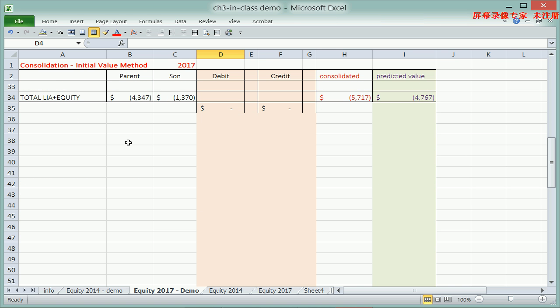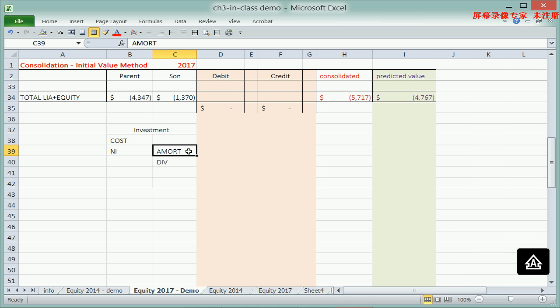Again, we need to start with the idea of the investment. Okay, so the investment account is the cost, the net income of the subsidiary, the dividend of the subsidiary, and the amortization of the fair value excess.